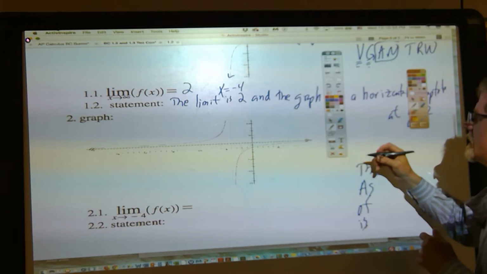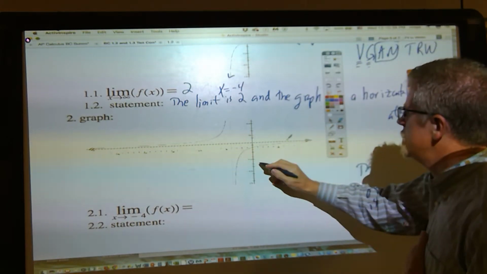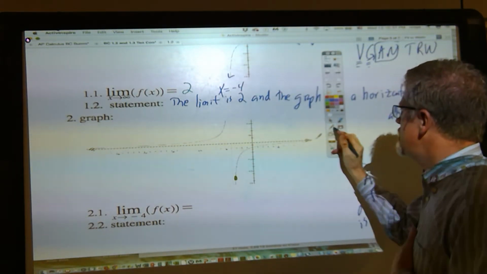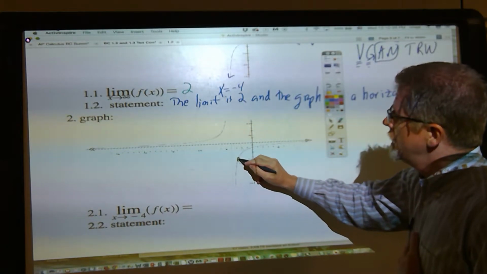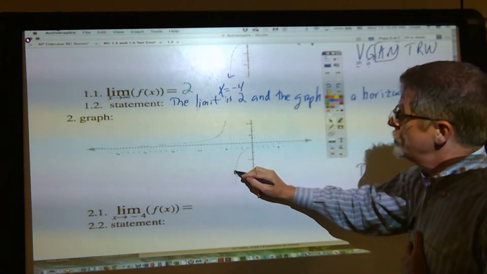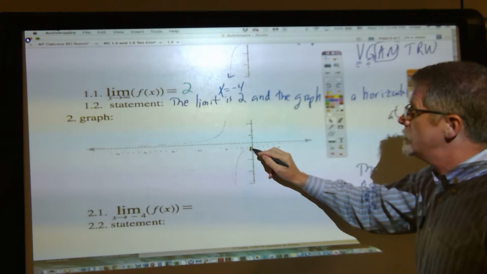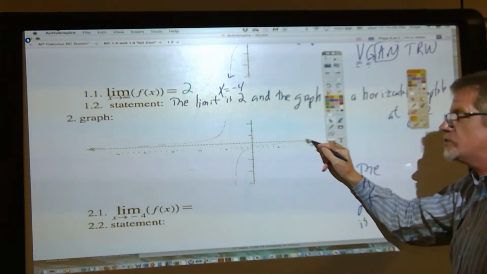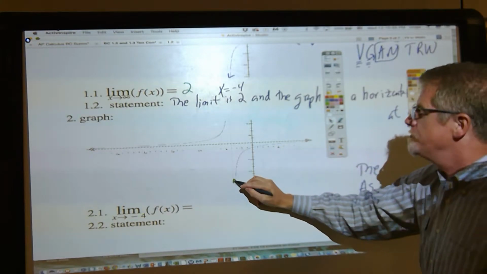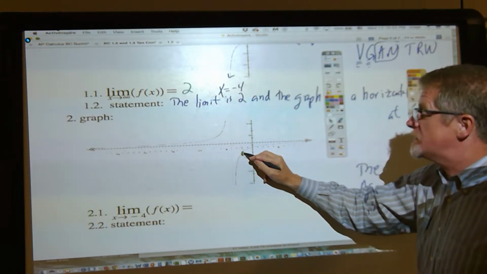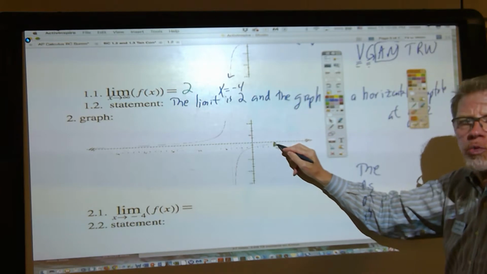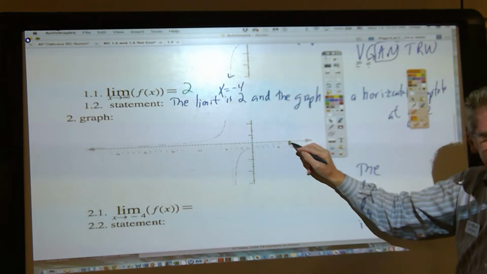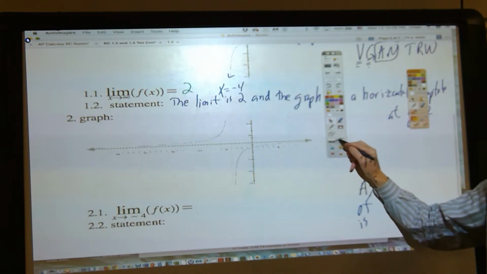And that as x approaches infinity is actually important because what you want to do is visualize a journey. Maybe this is a train taking a journey along the graph, and this journey is as x approaches infinity. So you're asking yourself, what is the y-coordinate of this train approaching as the x-coordinate of the train approaches infinity?